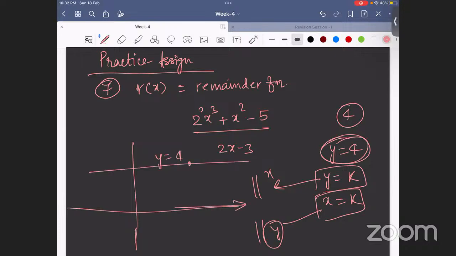If you take a point here, this will be 4, 4, because you already know that y is always 4. For this line, if you take any point, y will always be 4, and x will vary. Okay, is it clear now? Yes, sir. So the remainder is actually y. What? Remainder is actually y? I got the remainder as 4, so it is y.